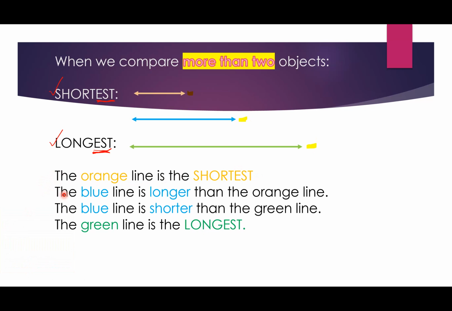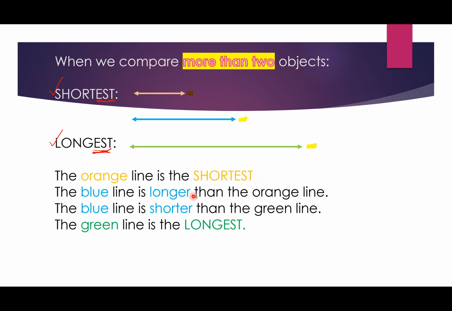Because now here we are comparing three objects. It's more than two. We will not say it is shorter. You will use ER only when we are comparing two objects. Now here we have more than two objects. So the orange line is the shortest, right? As you can see here up, the orange line is the shortest.